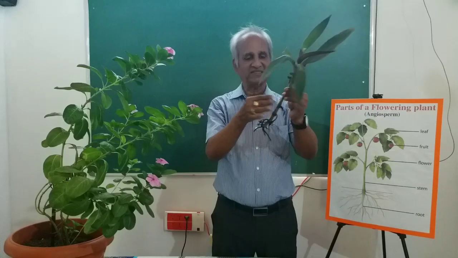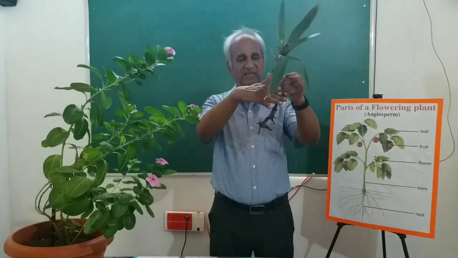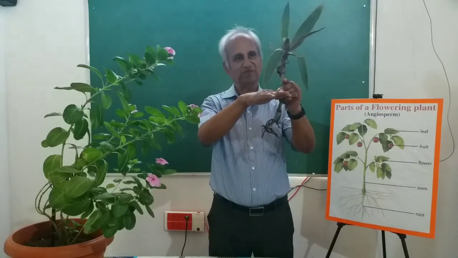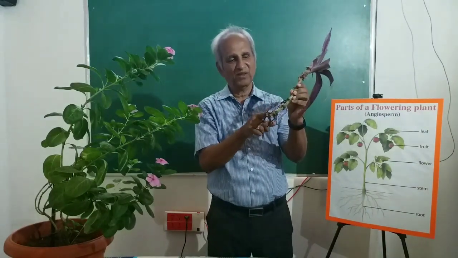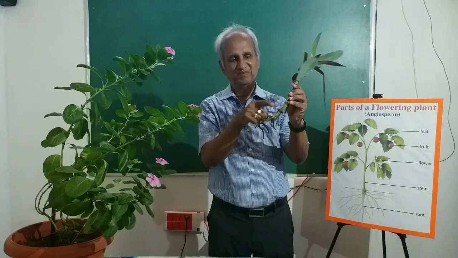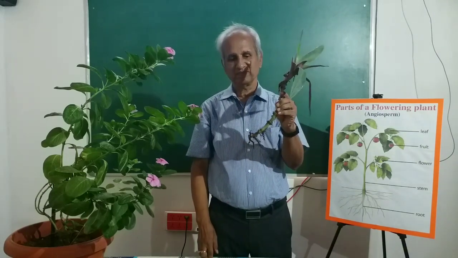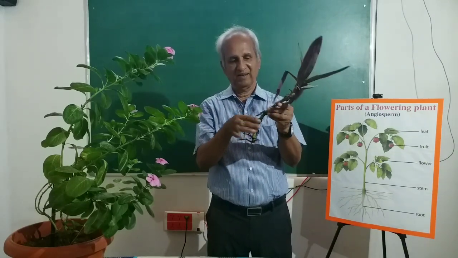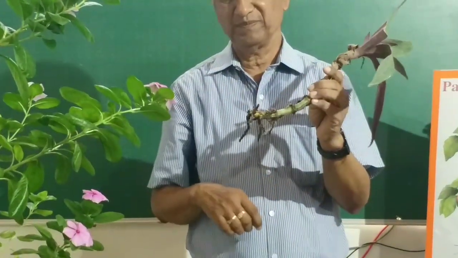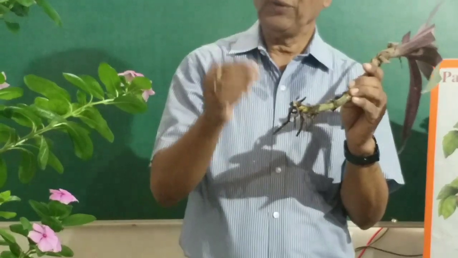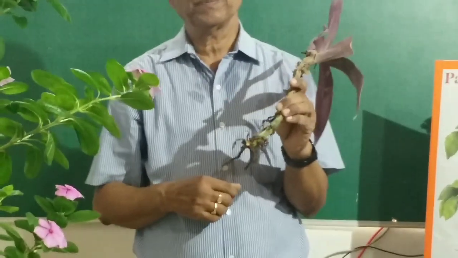In this plant you can see, this part was almost under the ground. Here you see roots. This has roots in its nodes. You pull out different plants and study.